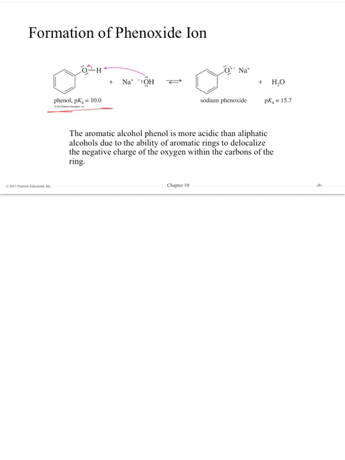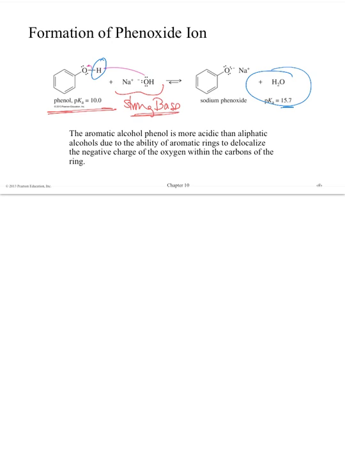Phenols, these are phenols. Here, you can just use something that's just a strong base. Not a very, very, very strong base, just a strong base. And because the pKa is lower, pKa of 10, this is your acidic proton right here, the OH minus is going to deprotonate that and make water. And that pKa is 15.7.